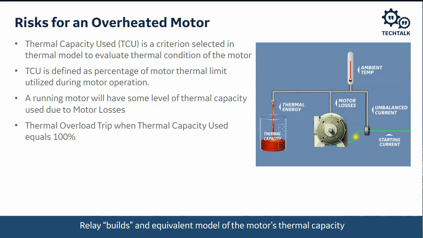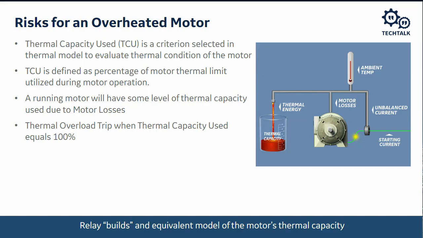And what the relay is going to do is model the thermal capacity of the motor. And the thermal capacity used is expressed inside of the protective relay actual values as thermal capacity used. And it's expressed as a percentage.